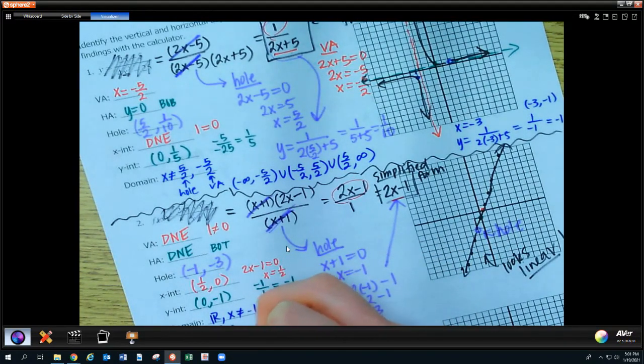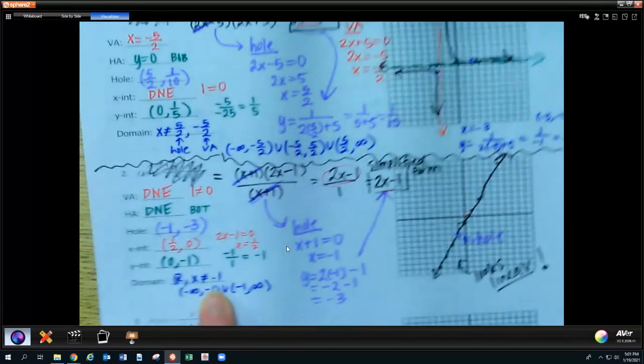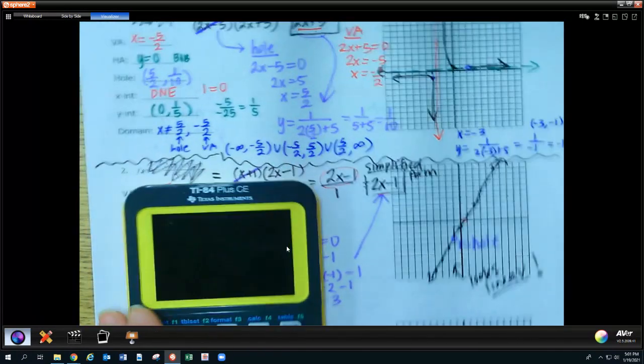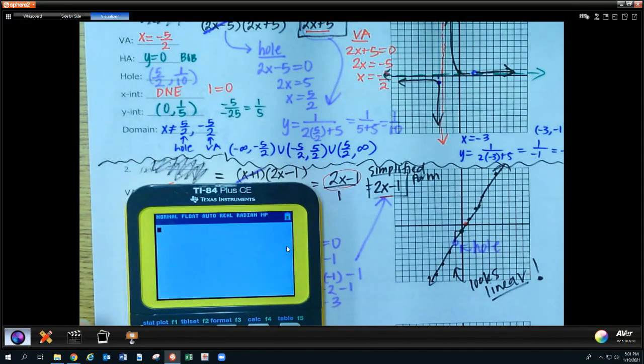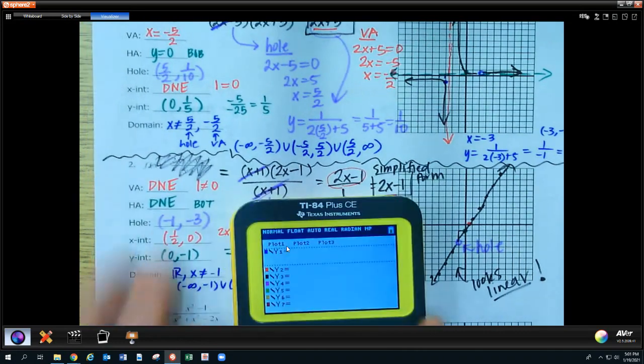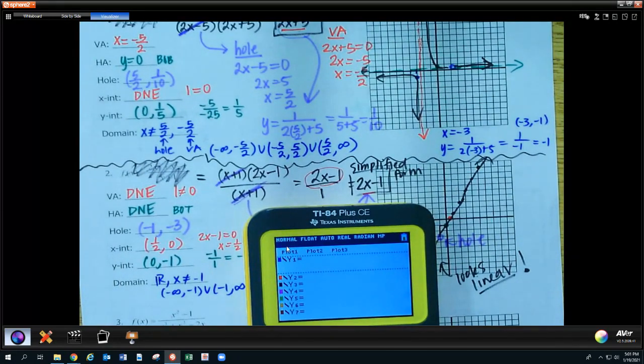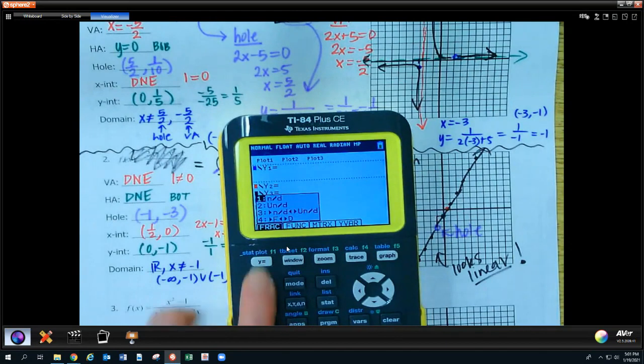And in interval notation, it looks like that. I just want to show you in your calculator that this does look like a line. If I were to graph the original function, you can get a fraction by pressing alpha y equals, the green button, and then choosing option 1.